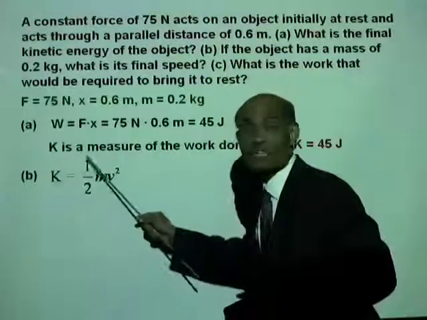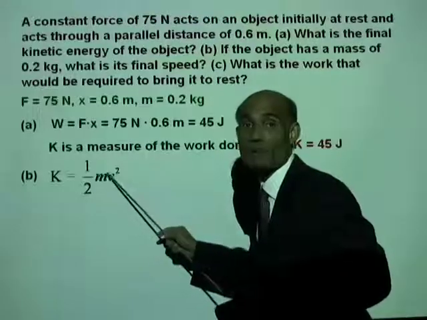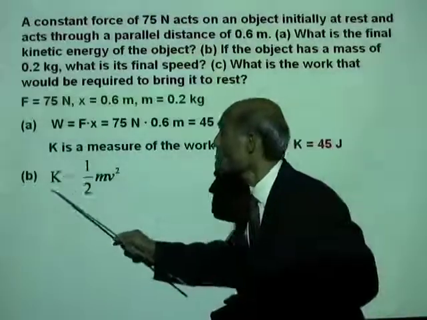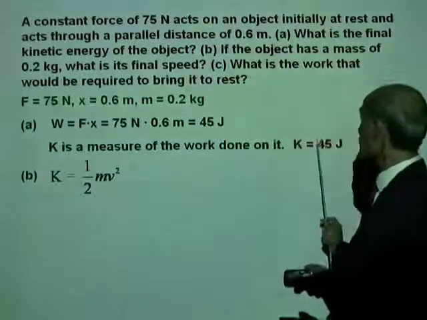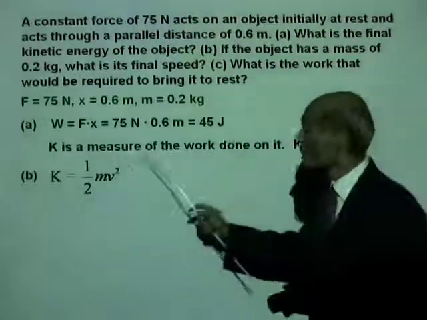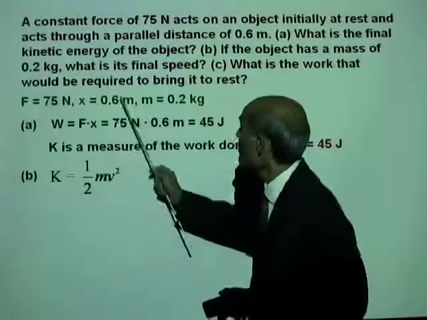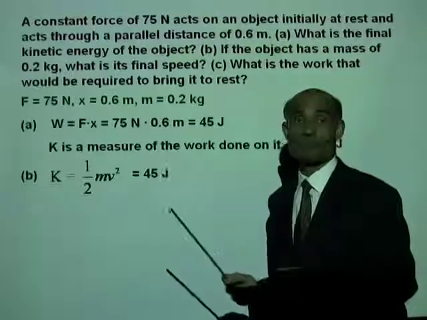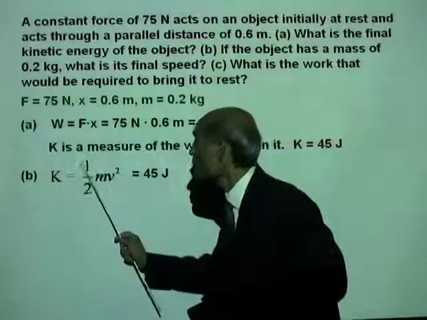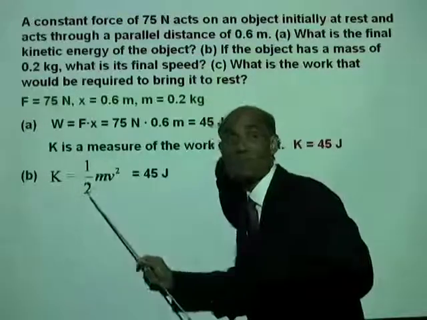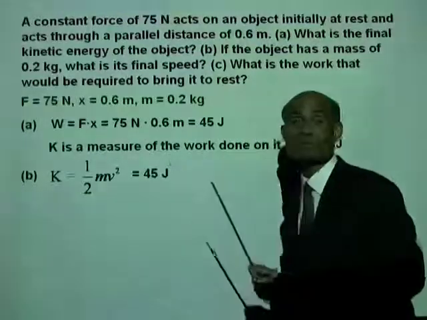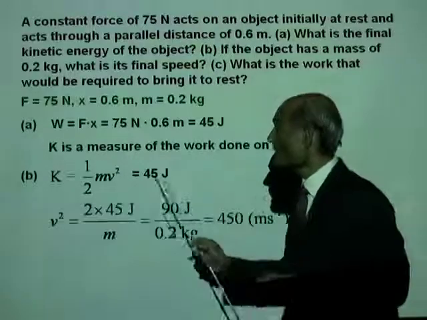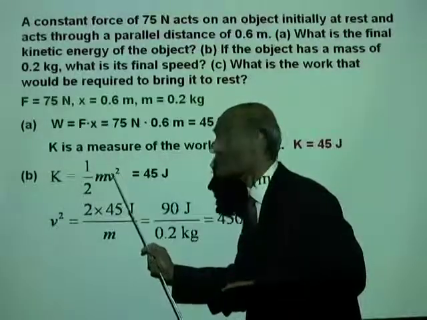So kinetic energy equals 1/2 mv squared. We know the amount of kinetic energy, that is 45 joules. We know the mass of the object, that is 0.2 kilogram. And therefore we say 1/2 mv squared equals 45 joules, and solve for v squared from there.